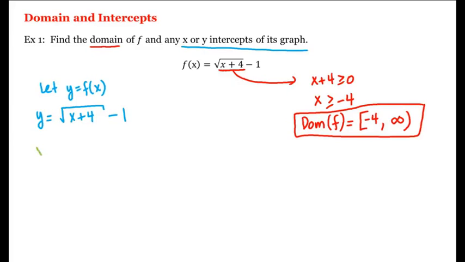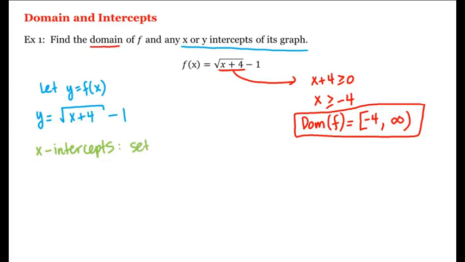Let's start by determining whether the graph of f has any x-intercepts. Well, an x-intercept, if it exists, is the x-coordinate of a point where the graph of f intersects the x-axis. And on the x-axis, y is equal to 0, isn't it?